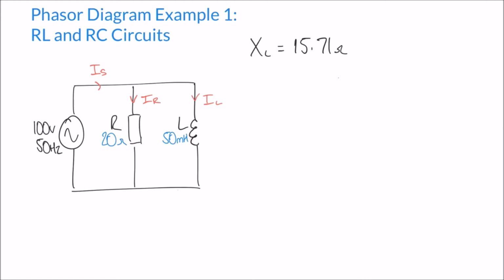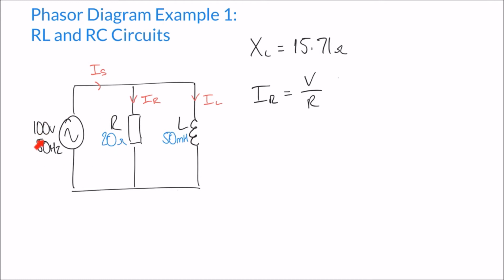Let's calculate IR first of all, because that's probably the easiest. And again, we're going to use Ohm's law. So IR is simply V over R. There's only a resistance in that branch. Now, these are all real numbers. 100 volts, resistance is a real number.